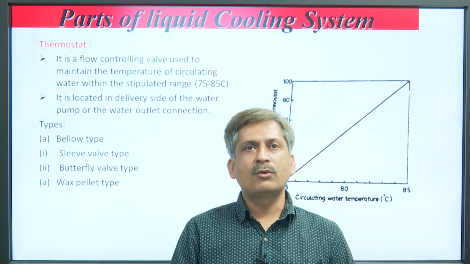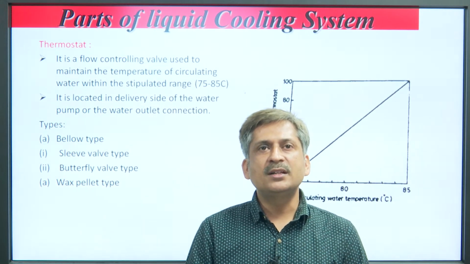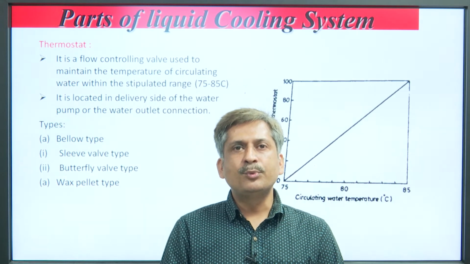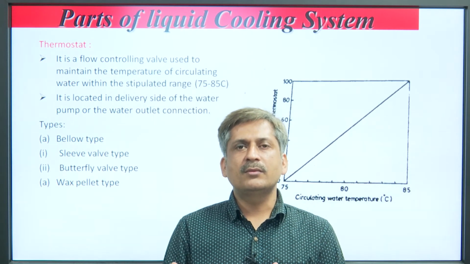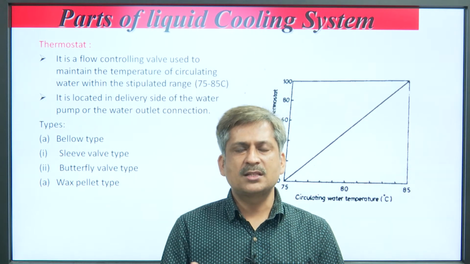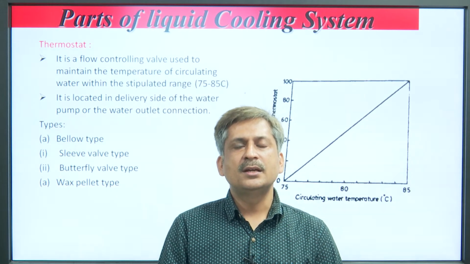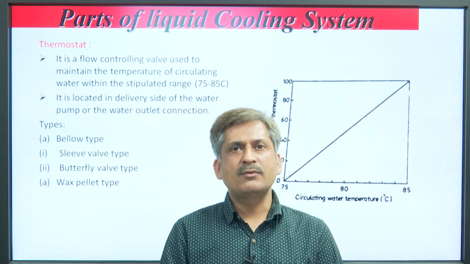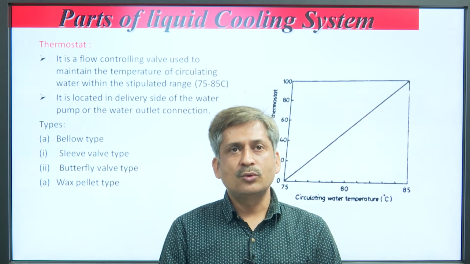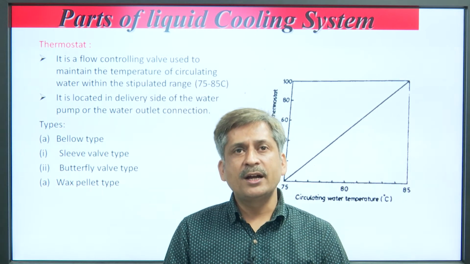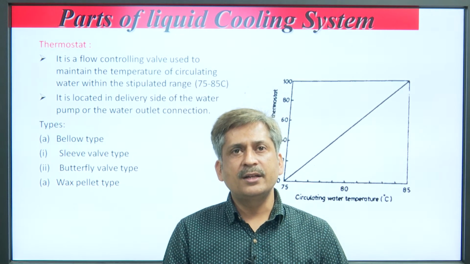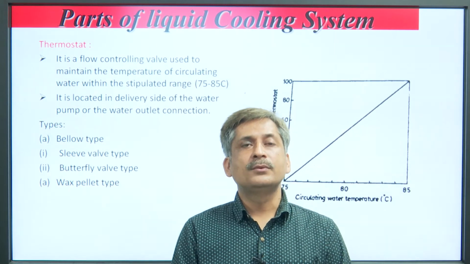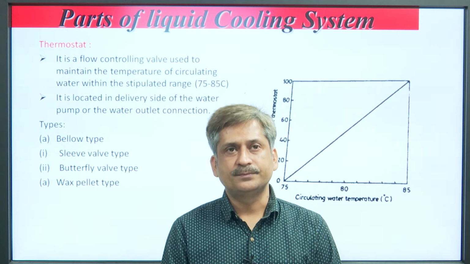So, it is a flow controlling valve used to maintain the temperature of circulating water within the stipulated range. That range may differ for different types of engine. For example, for a stationary or small capacity engine, it is 75 to 85 degrees Celsius. Where is it located? It is located on the delivery side of the water pump or at the water outlet connection.